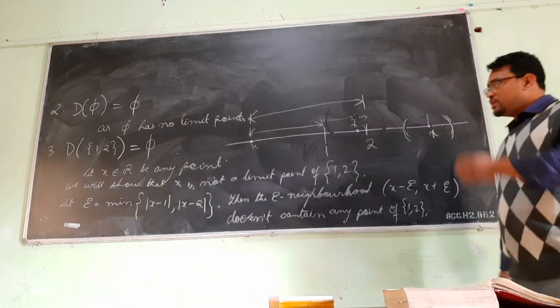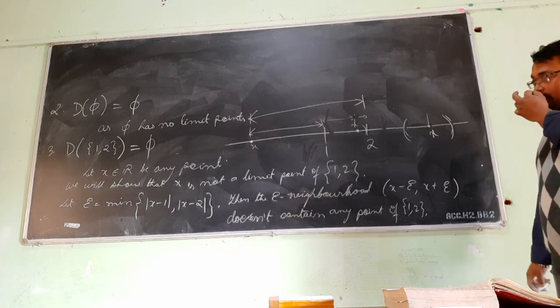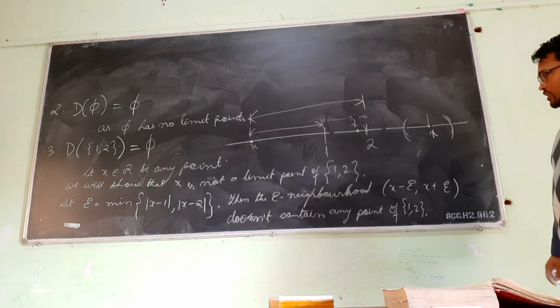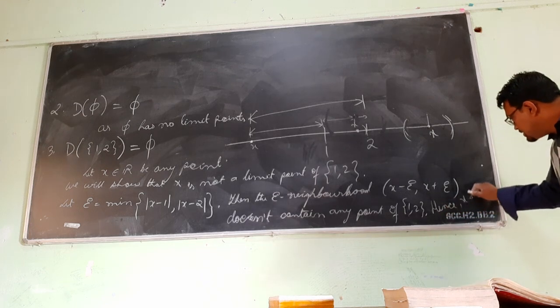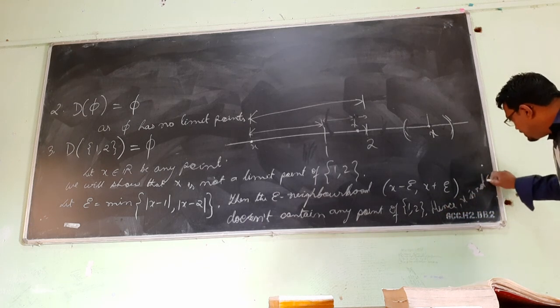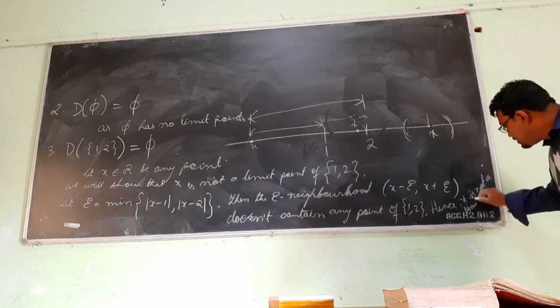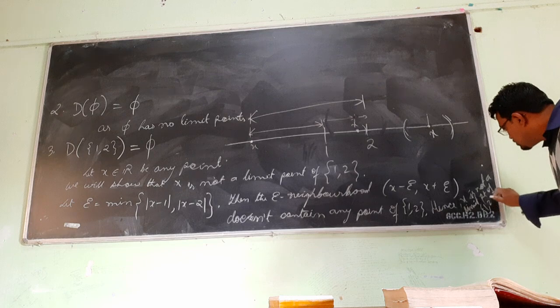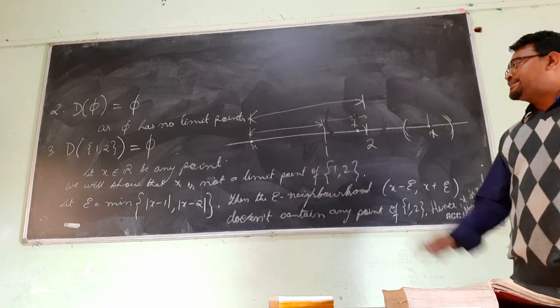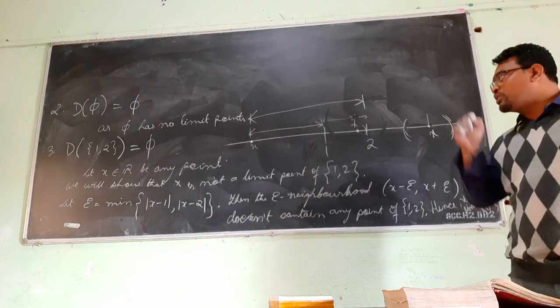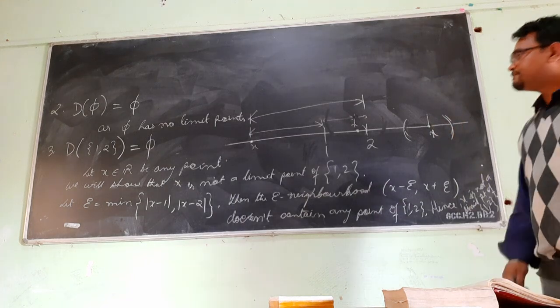We have constructed an epsilon neighborhood which does not contain any point of the set. Hence, x is not a limit point of the set. So we have selected an arbitrary real number and we have seen that it cannot be a limit point of the set. Okay. Clear?